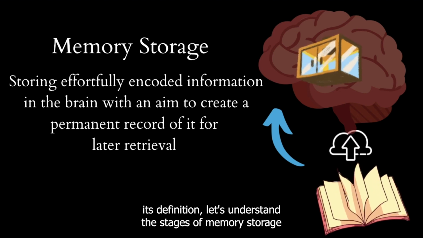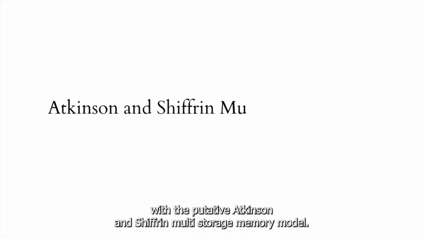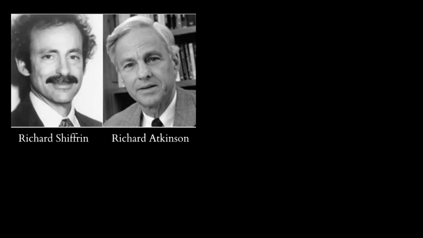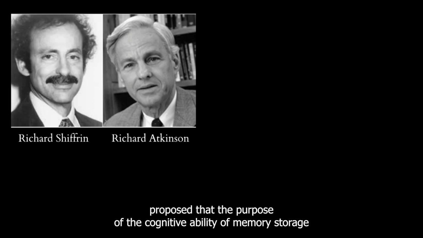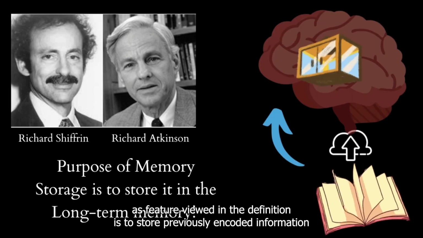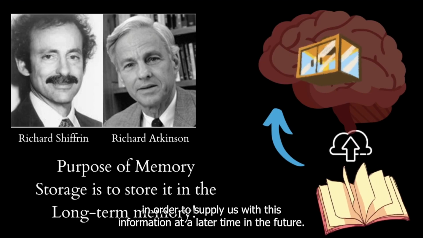Let's understand the stage of memory storage with the postulated Atkinson and Shiffrin multi-store model. Richard Atkinson and Richard Shiffrin proposed the purpose of memory storage, as reviewed in the definition, as storing previously encoded information in order to supply us with this information at a later stage in the future.